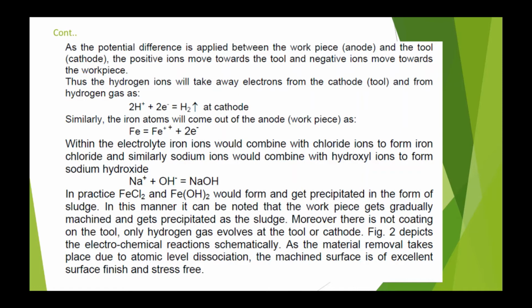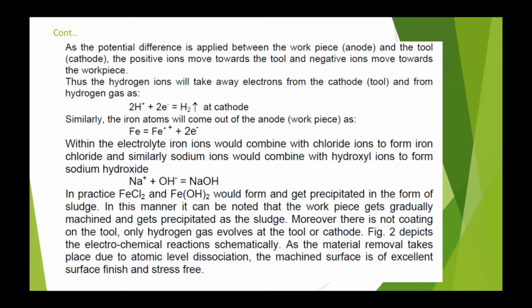Similarly, the iron atoms will come out from the anode, that is the workpiece, and give Fe2+ plus 2 electrons. Within the electrolyte, iron ions combine with the chloride ions to form iron chloride, and similarly sodium ions combine with hydroxide ions to form sodium hydroxide: Na+ plus OH- gives NaOH.